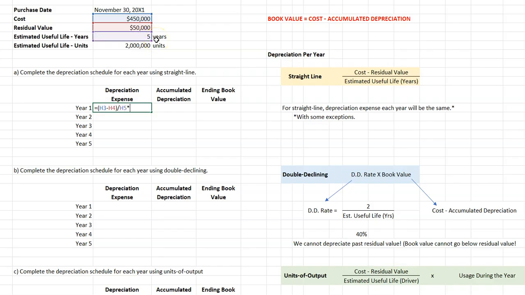The only change here is that we have to adjust it by the number of months that it was owned, because the $80,000 that this is going to produce is for an entire year. And I basically want to say, well, I only owned it for 1 month out of the year because I purchased it 11 months into the year. So I'm going to adjust this just for 1 month out of 12 months in the year.